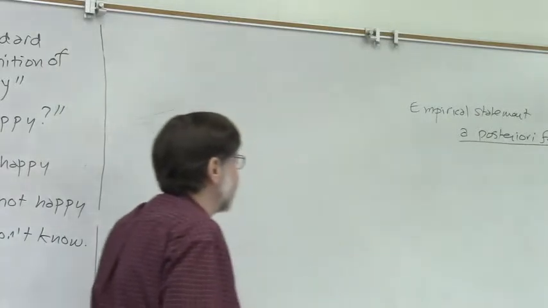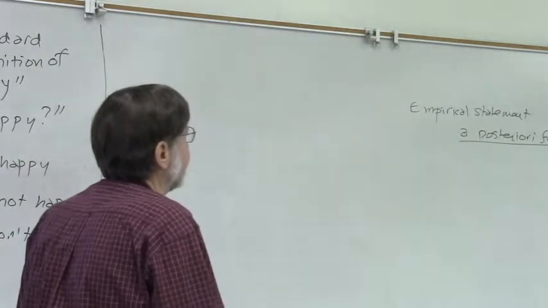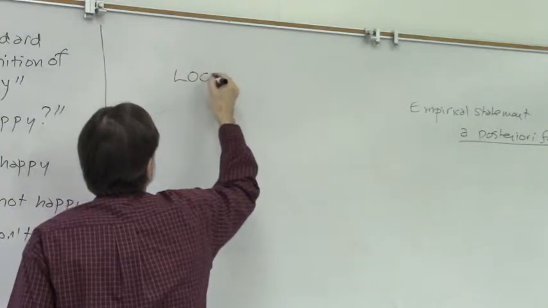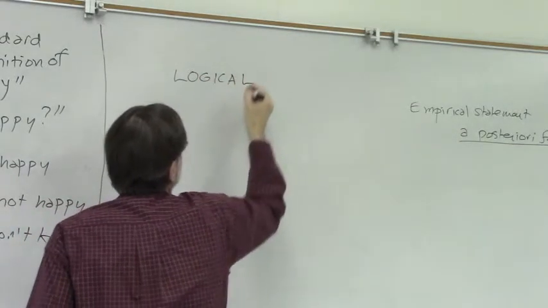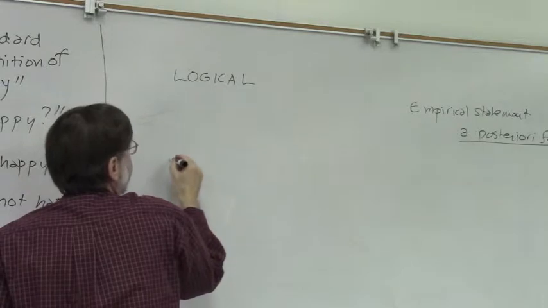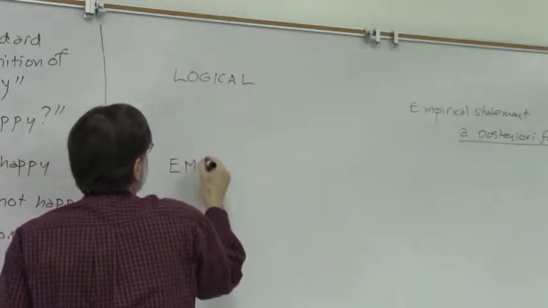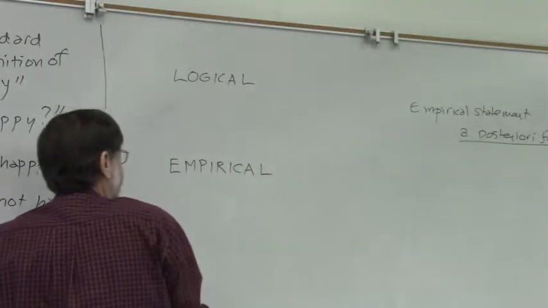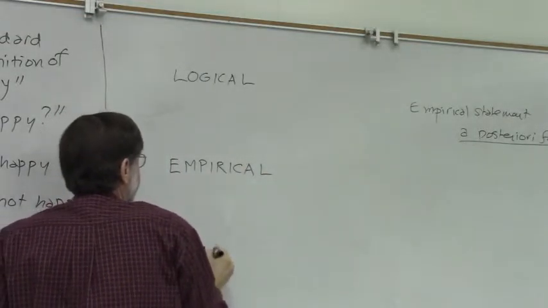All right. Let's talk about different kinds of possibilities now. There's what's known as logically possible. There's empirical possibility. And there's technical possibility.